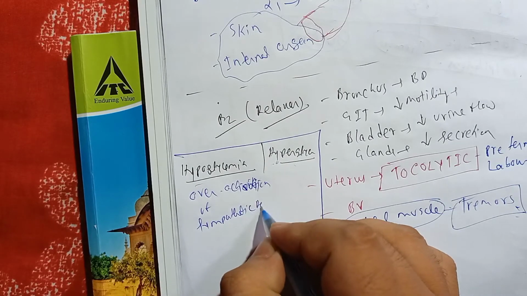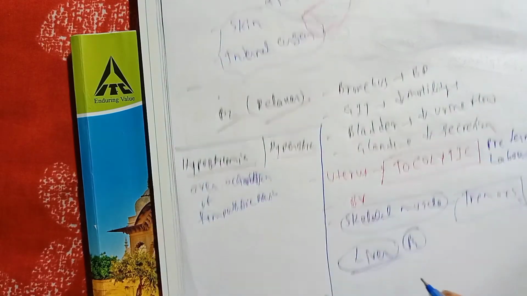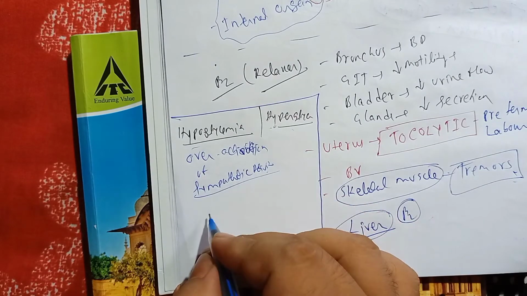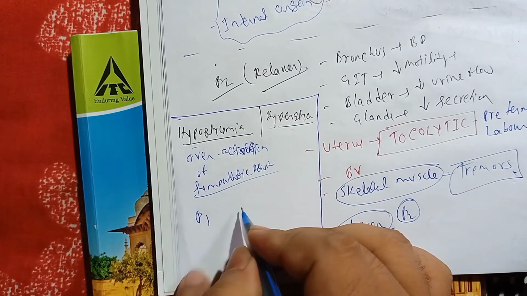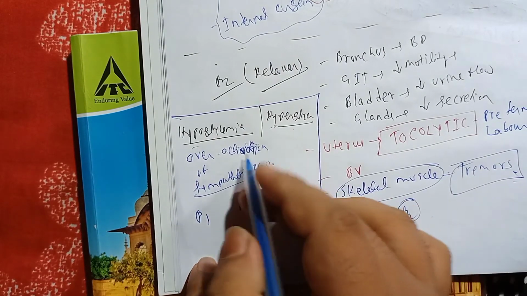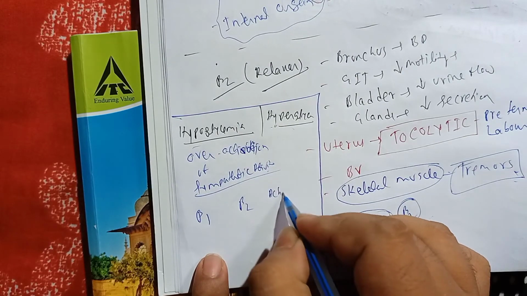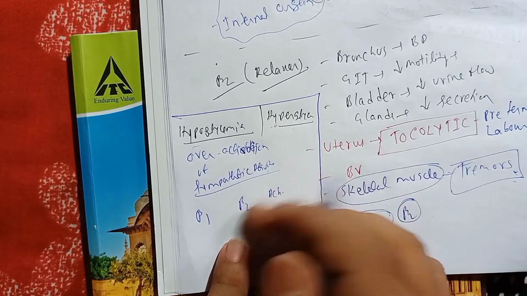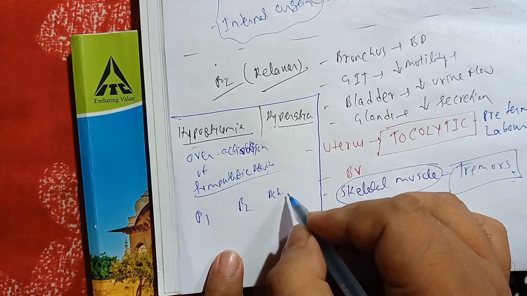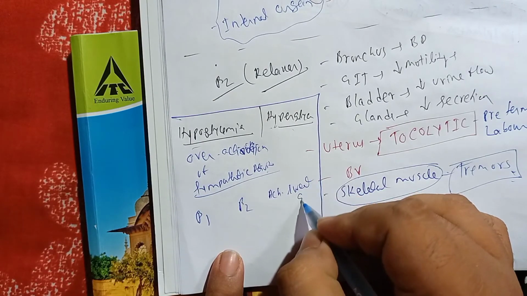Whenever this activity is high, of course, that will activate the beta 1 receptors as well as the beta 2 receptors. And of course we all know the receptors related to acetylcholine are also included under the sympathetic, that is the thyroid glands.